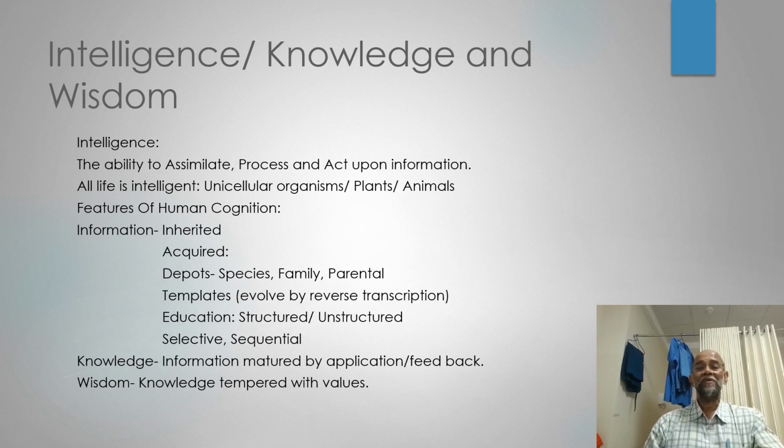There are some special features of human cognition. Information within the brain is both inherited and acquired. You are born with a certain amount of information. You are born with information which is species specific. The way a child cries, the way a child gropes for the mother's nipple, all those behavioral patterns are ingrained within the genome.